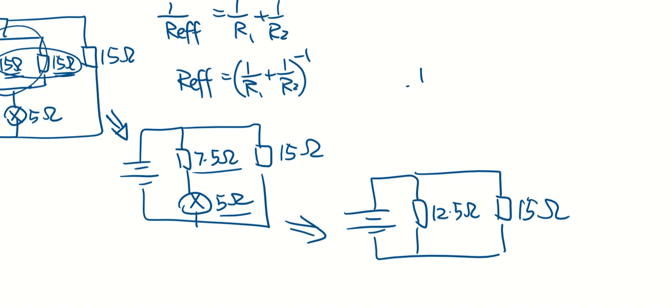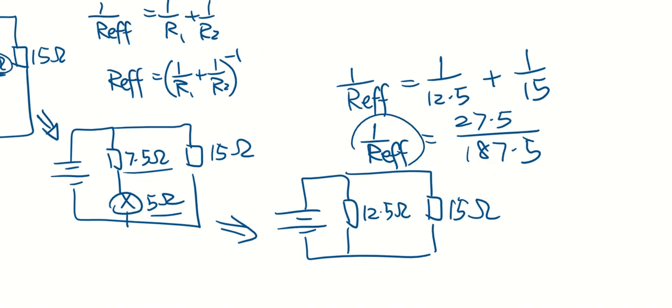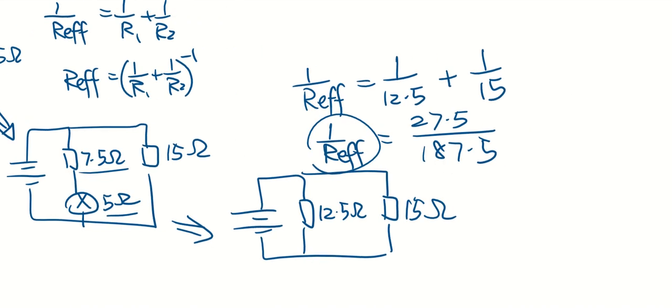I'm just thinking that maybe some of you have not been practicing a lot, so I'll just show the working here. I will continue to write 1 over REFF, and then I make this into a fraction. So it is 27.5 over 187.5. But this is not the final answer because I'm showing the value for 1 over REFF. I need to flip it.